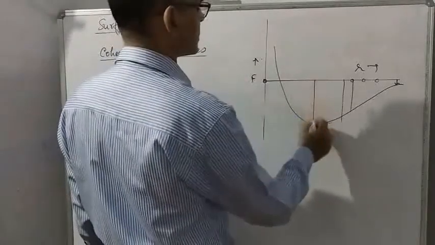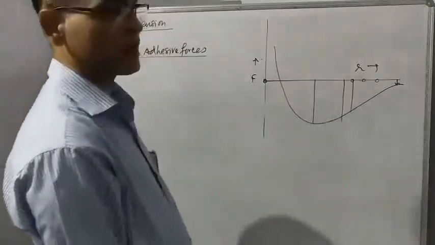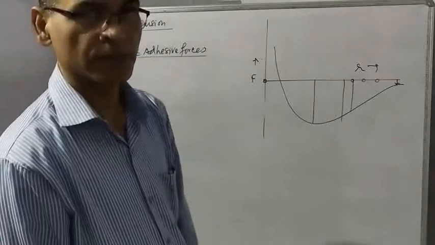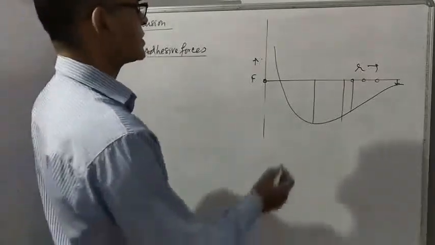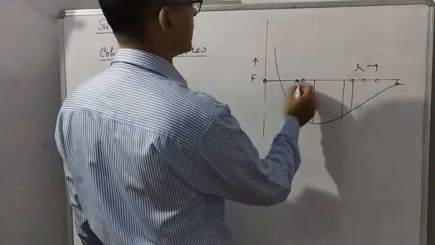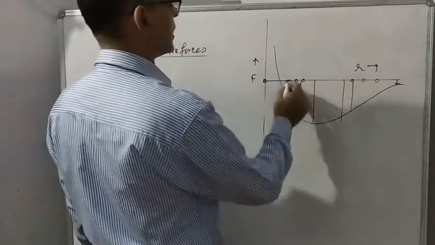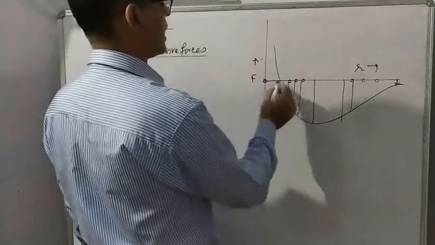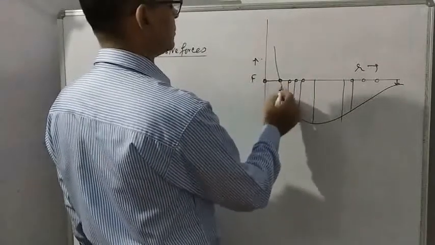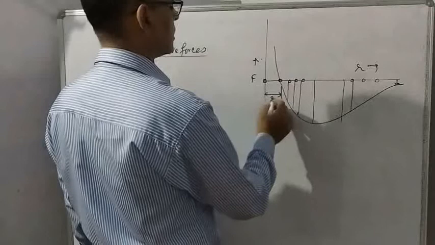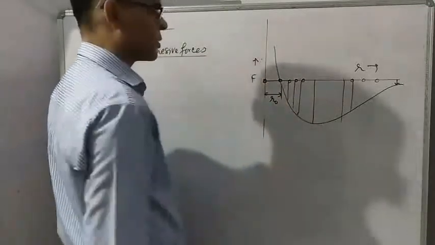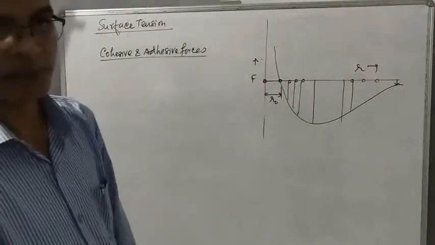At some distance, this force of attraction becomes maximum. If the distance decreases further, attraction keeps on decreasing and finally it becomes zero.